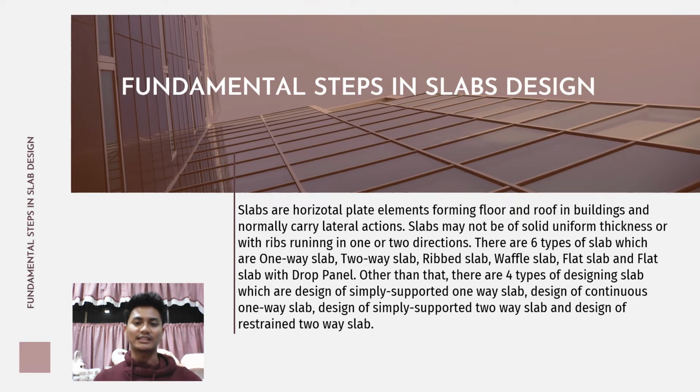There are 6 types of slab, which are one-way slab, two-way slab, rib slab, waffle slab, flat slab, and lastly flat slab with drop panel. On the other hand, there are 4 types of slab design, which are design of simply supported one-way slab, design of continuous one-way slab, design of simply supported two-way slab, and lastly design of restrained two-way slab.